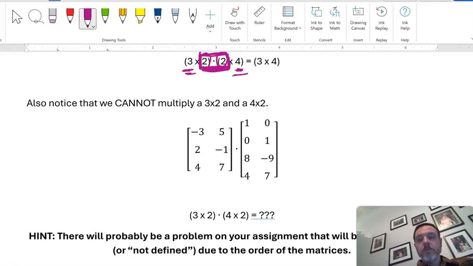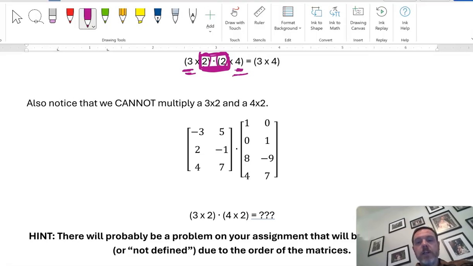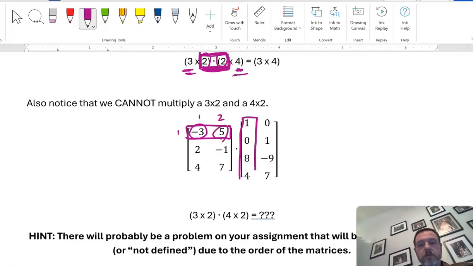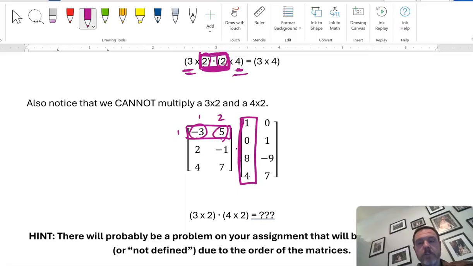And so I'm going to say I cannot multiply a 3 by 2 and a 4 by 2, because if I take the row with 2 elements, right, top row, 2 elements here, I've got to multiply those with corresponding elements in this first column, for example. Well, let's see.